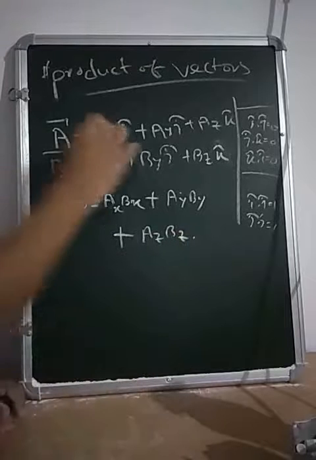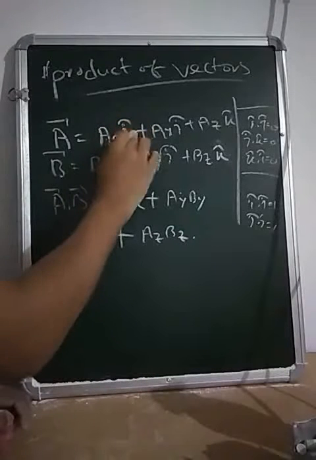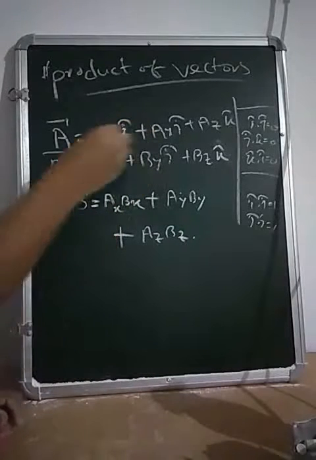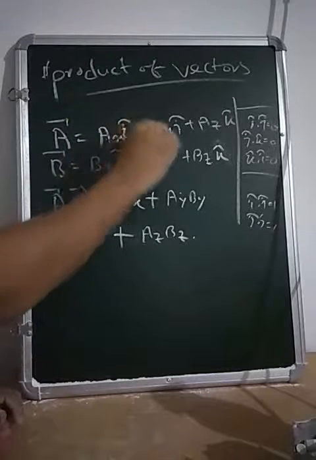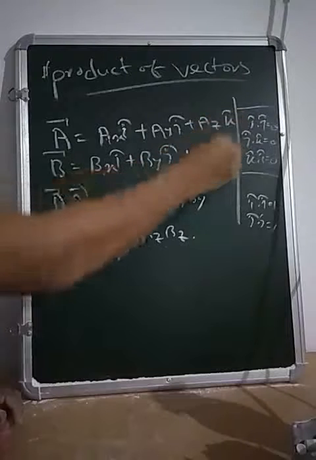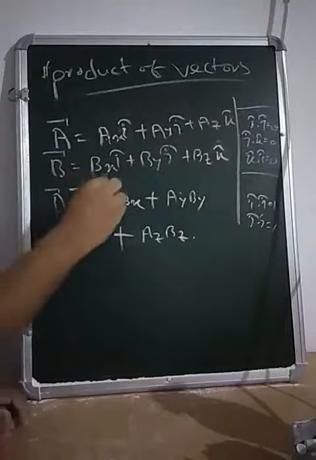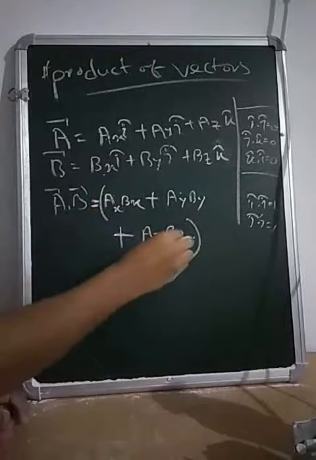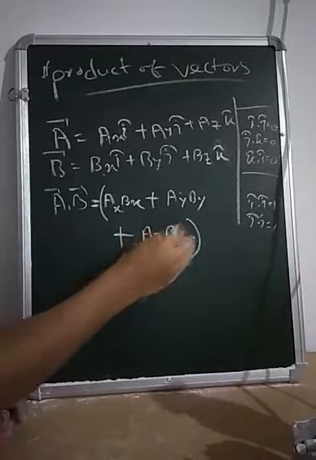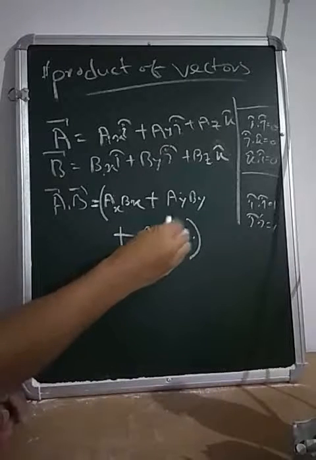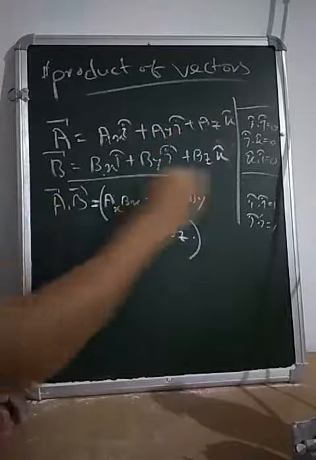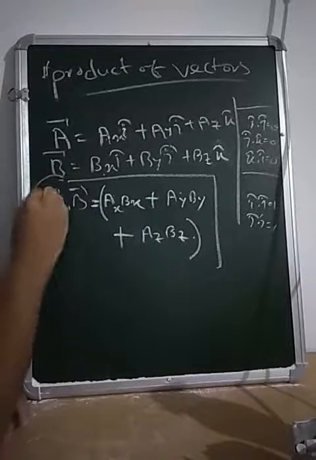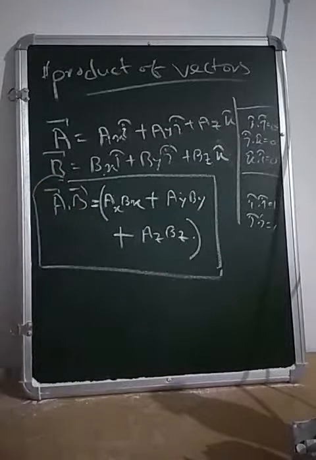Now all other product terms containing the dot product of different unit vectors will be 0. Only those product terms will remain where the dot product is performed between two similar unit vectors. Okay. So this is the result of a dot product.